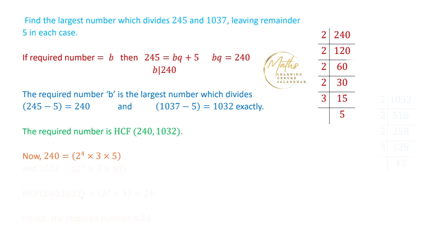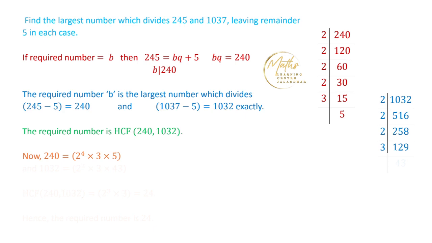Next we are talking about the number 1032. It is divisible by 2, it is an even number. The quotient we are left with is 516. It is again divisible by 2, the quotient is 258. It is again divisible by 2, the quotient is 129. Now this number 129 is not divisible by 2, but the sum of the digits is divisible by 3, so it is divisible by 3.